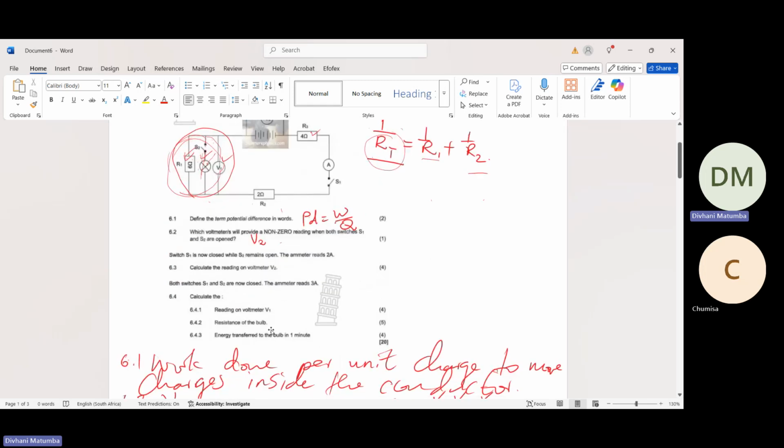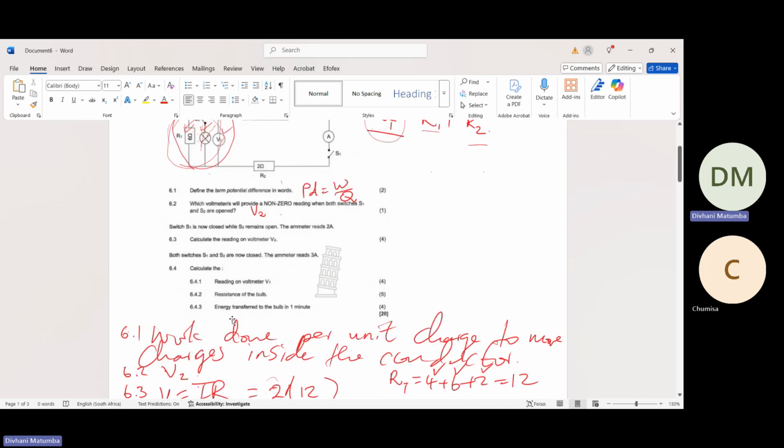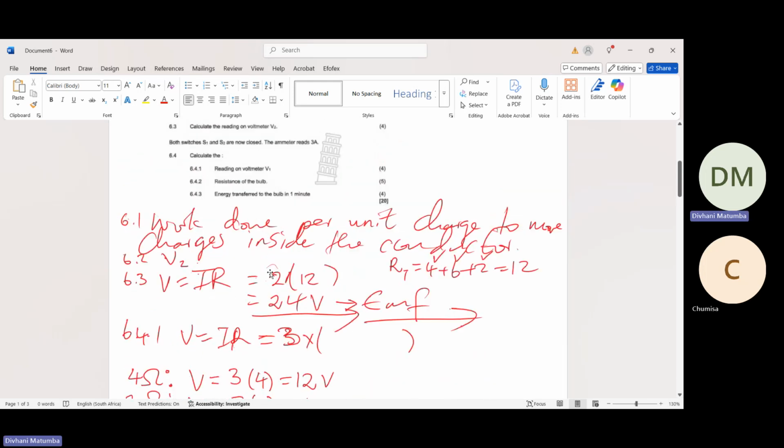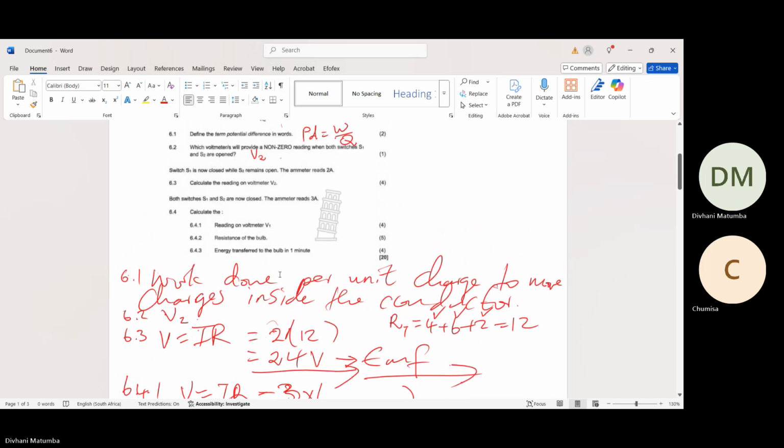The next one says, what is the energy transferred to the bulb in 1 minute? Which formula comes to your mind when we talk about energy dissipated by a resistor?